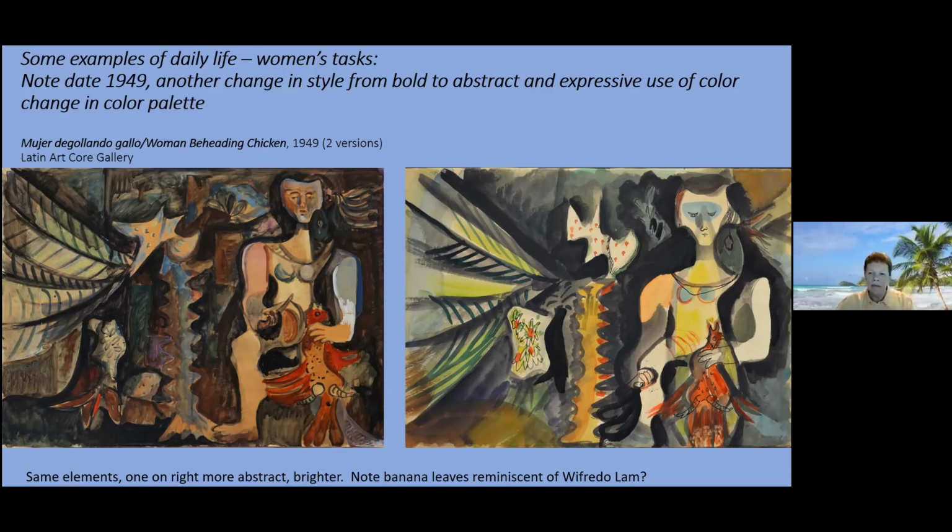The environment around her in both of the images is hard to read. We cannot really tell what they are, but we can figure that she's sitting outside. There's a little bit of an element of maybe trees in the background to behead this chicken.